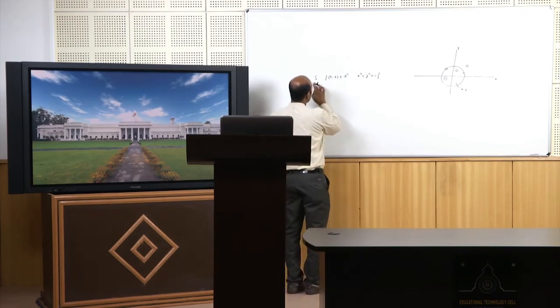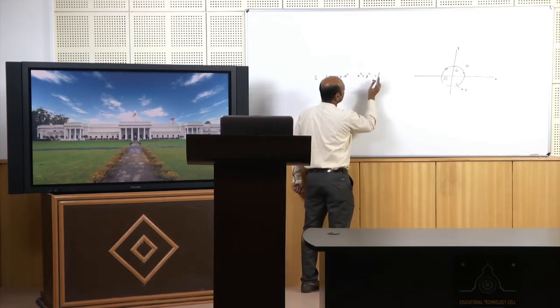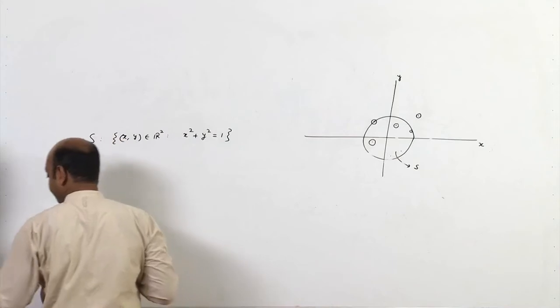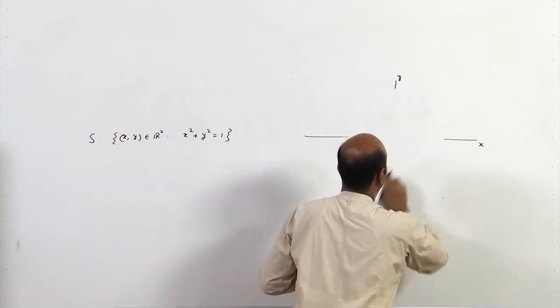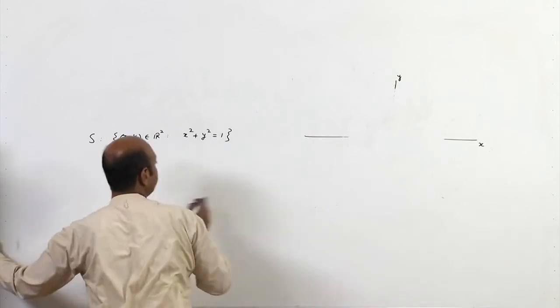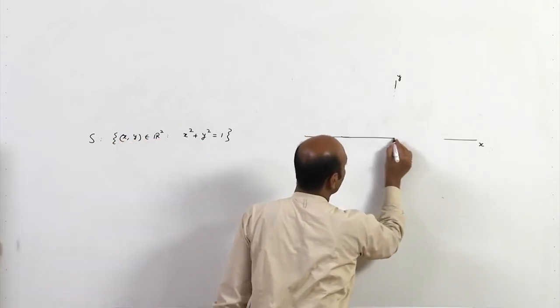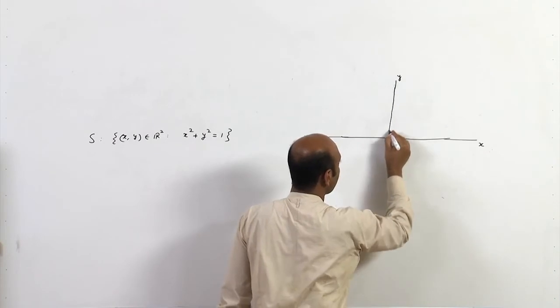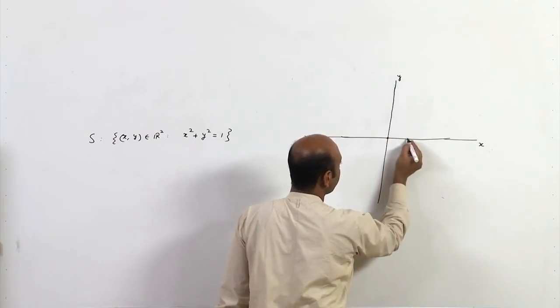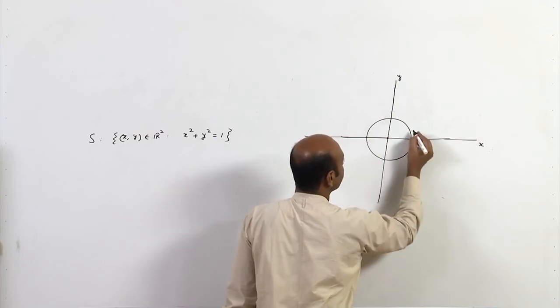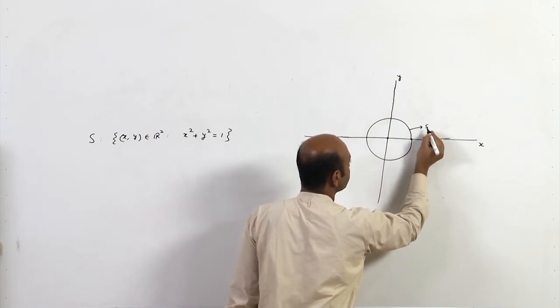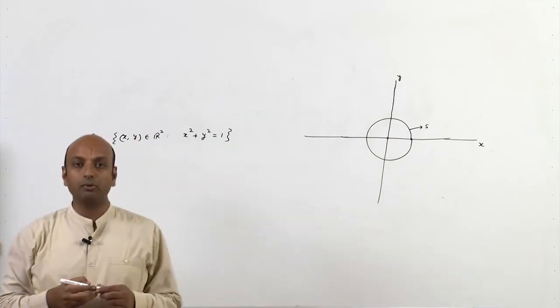Suppose instead of this you now have this region, that means the boundary of a unit circle. So, what does it mean? This is S, only the boundary.